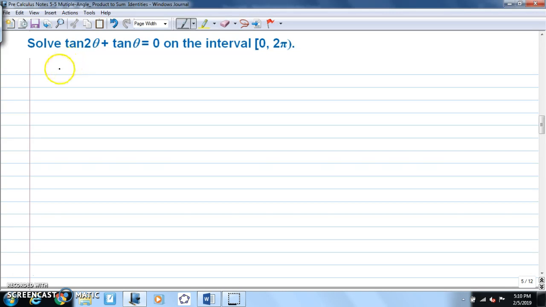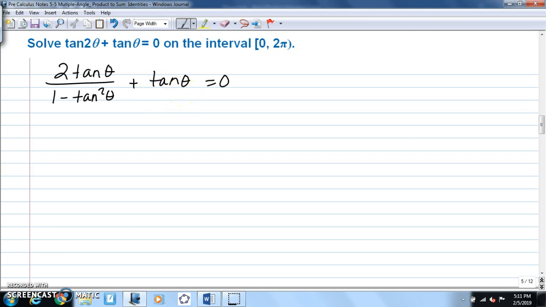So, tangent of 2 theta. Again, look at your formula. It's 2 tangent of theta over 1 minus tangent squared of theta plus tangent of theta equals 0. Okay, so from here we can get a common denominator.